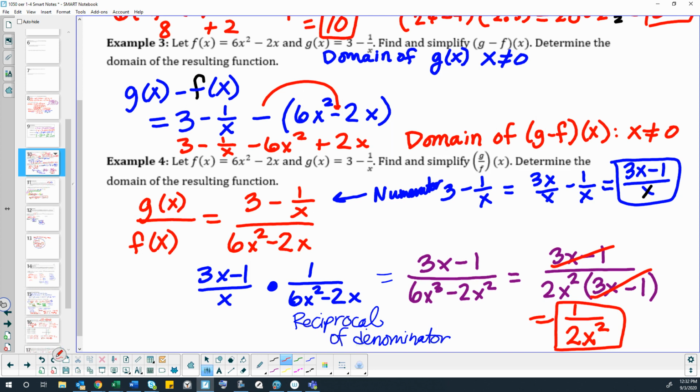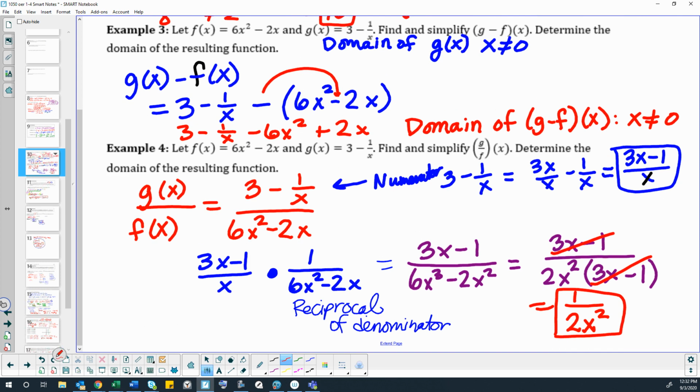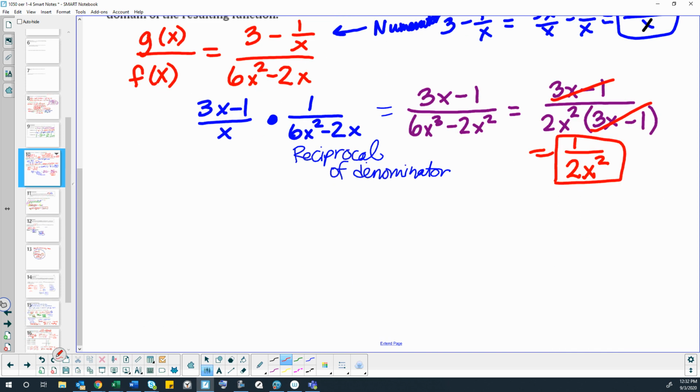Even though this canceled out, that is still part of the problem, part of the process. So we need to worry about the fact that 3x minus 1, we also don't want that to be 0. So in addition to the fact that x can't equal 0, also x cannot equal 1/3.